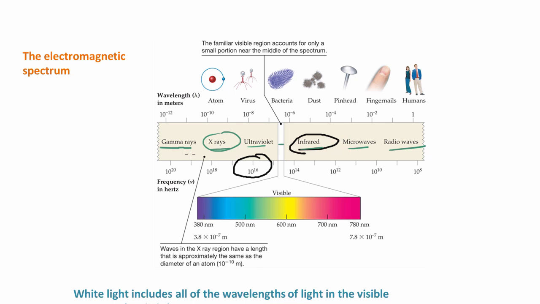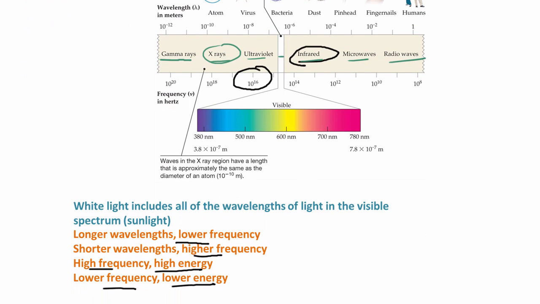So we see that X-rays have higher frequency than do microwaves. So I would expect you to be able to tell me which has a higher frequency or a longer wavelength when you compare these gamma rays, X-rays, ultraviolet, visible, infrared, microwaves, and radio waves. White light includes all of the wavelengths of light in the visible spectrum. One example is sunlight.